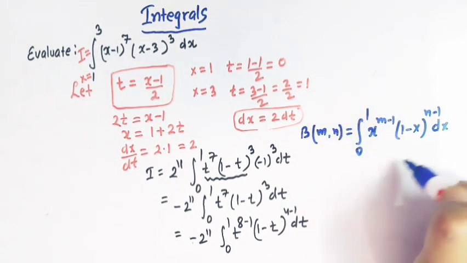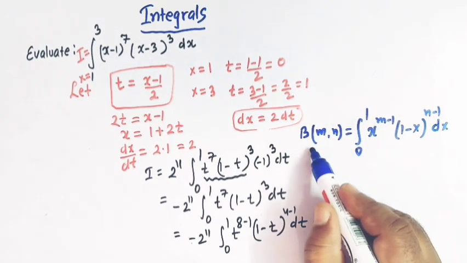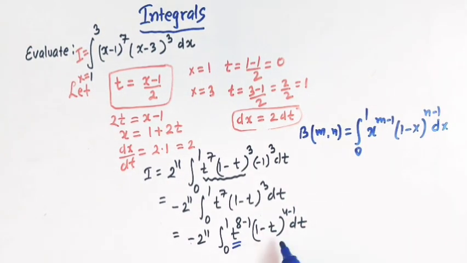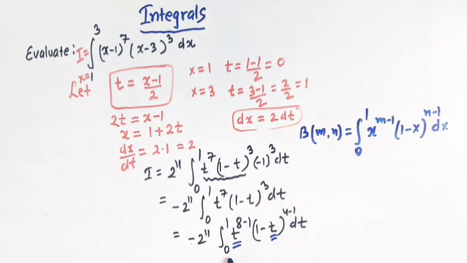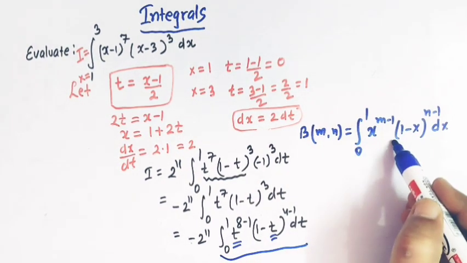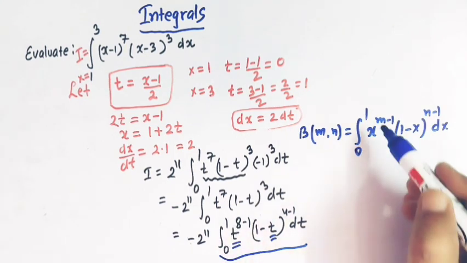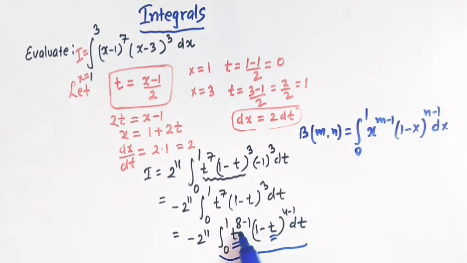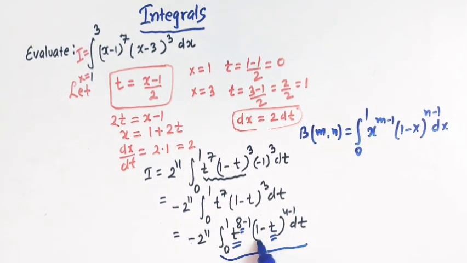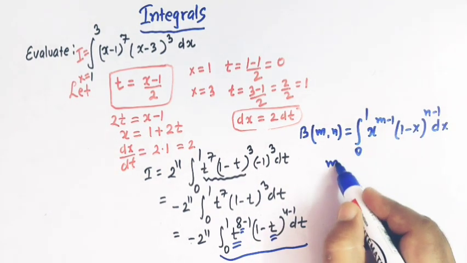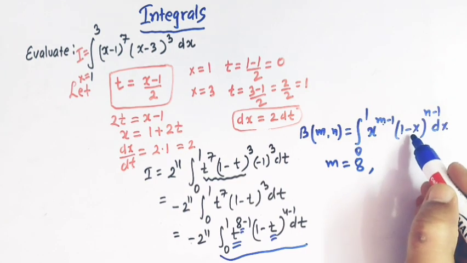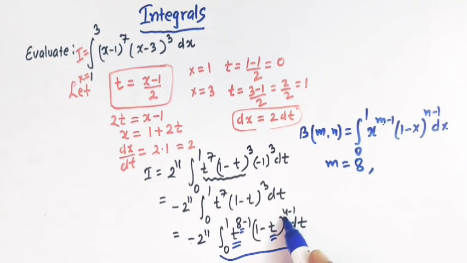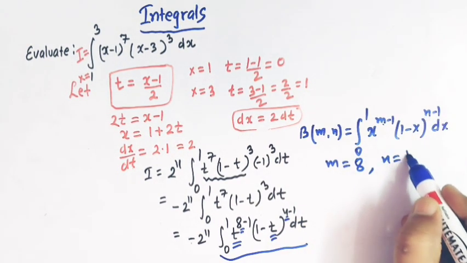This is defined as the beta integral, and here we have the variable t in place of x. If we compare this integral with this one, the value of m is equal to 8 and the value of n is equal to 4, right?